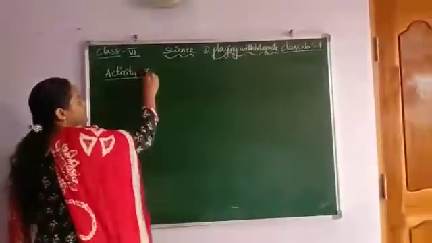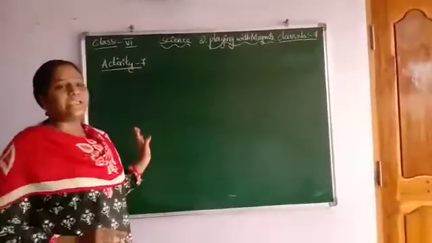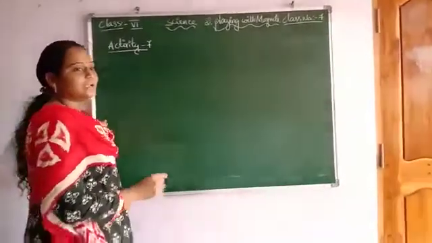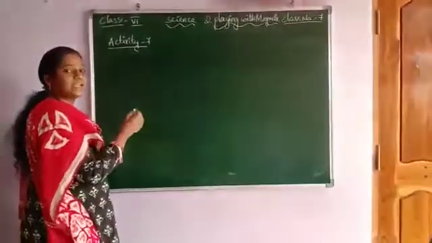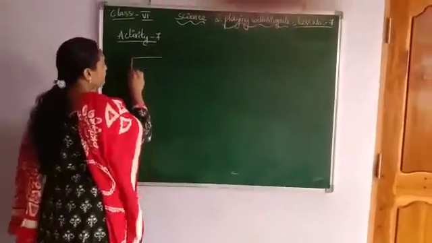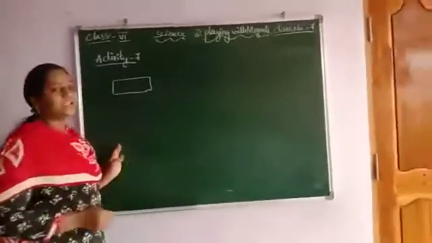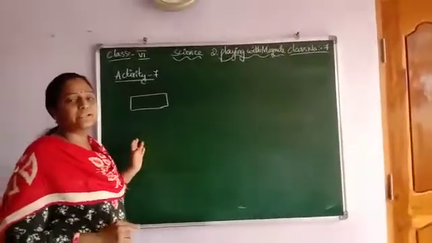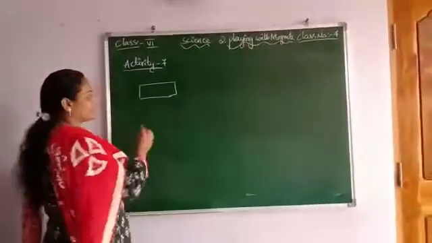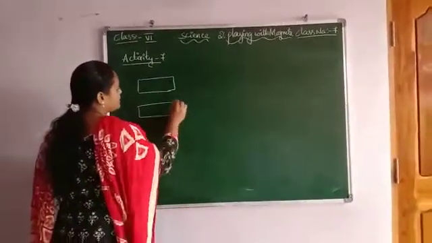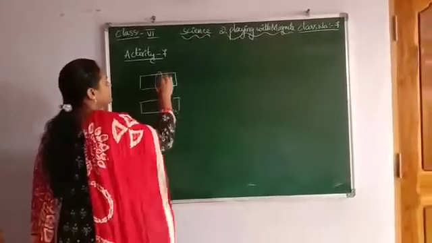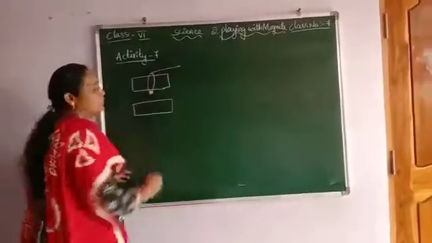Now in activity number 7, take a magnet and place it on a table in any direction. Now take another bar magnet and suspend it with a thread, then hold it.